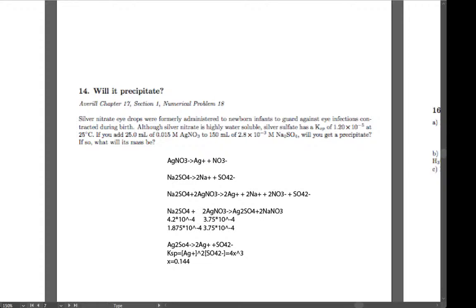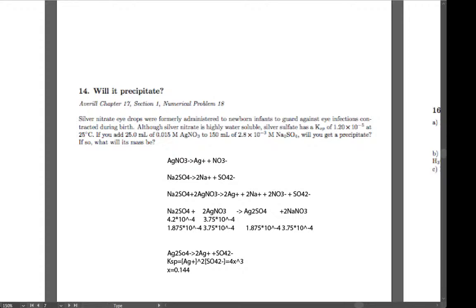So this would react with the same coefficient. And for the right side, it is the one that is actually forming. And with this, I can now just calculate it.